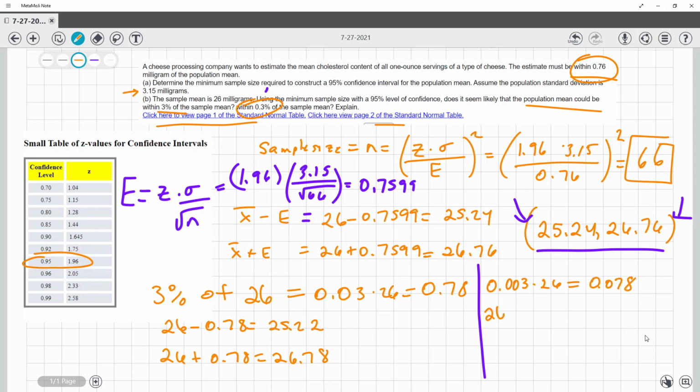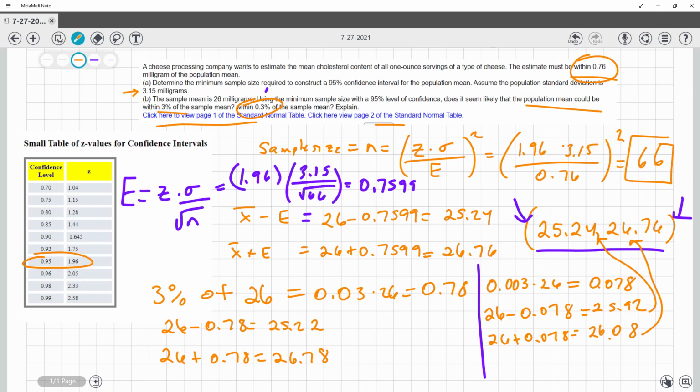You take the mean minus that value, and you get 25.92, and you take the mean plus that value, and you get 26.08 rounded. If you notice, 25.92 would be right there, and this would be inside there. So it does seem likely that the population mean could be within that 0.3%.